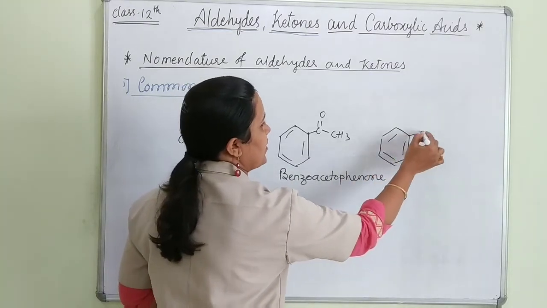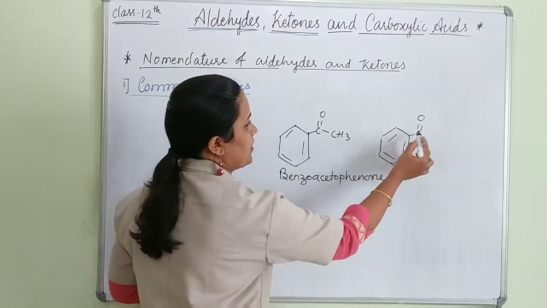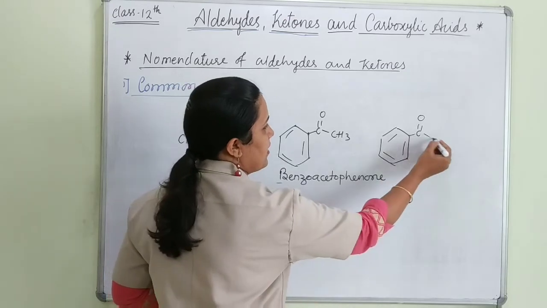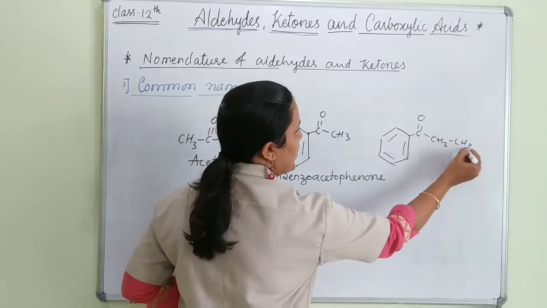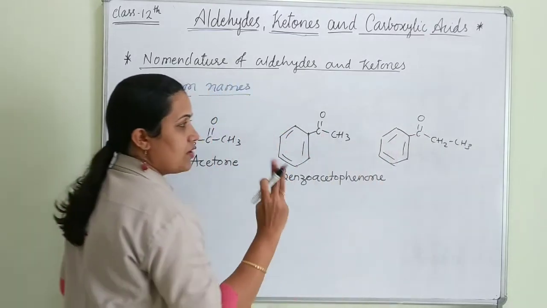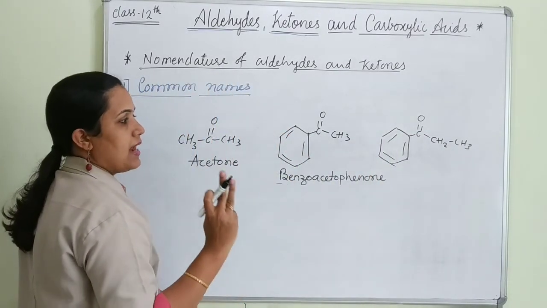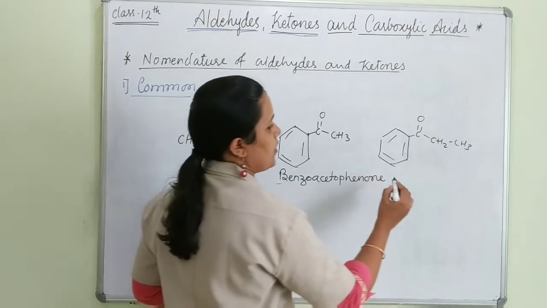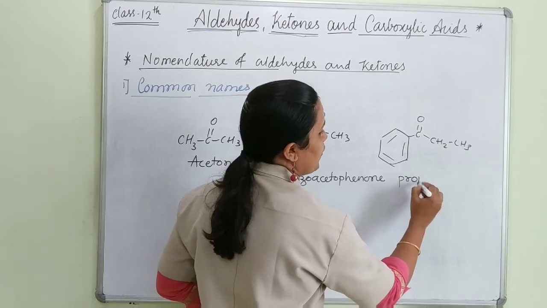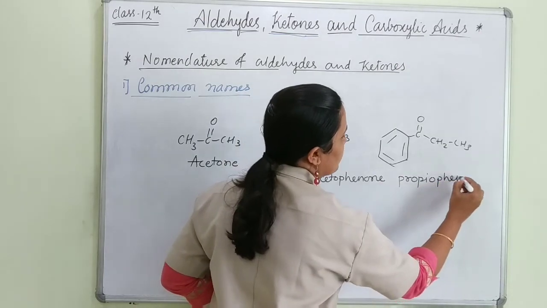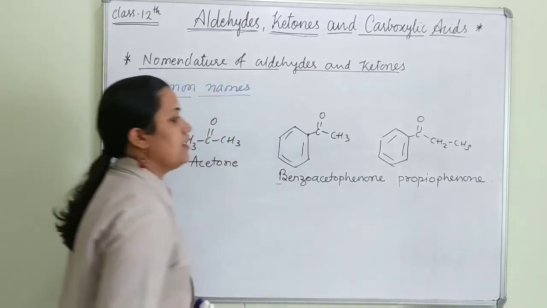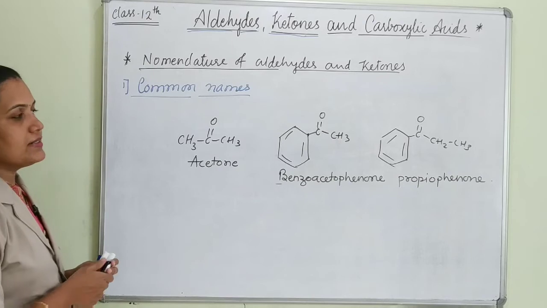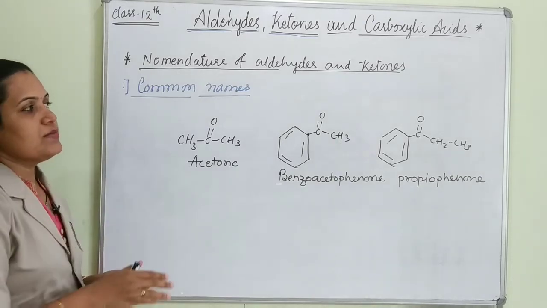Here it is C double bond O. This group is known as benzophenone kind of, and if this group is increased in this way, so 1, 2, 3 carbon atoms are attached to that benzene ring, that's why we will say it as propiophenone. So students, I hope you all are understanding the common names of ketones.